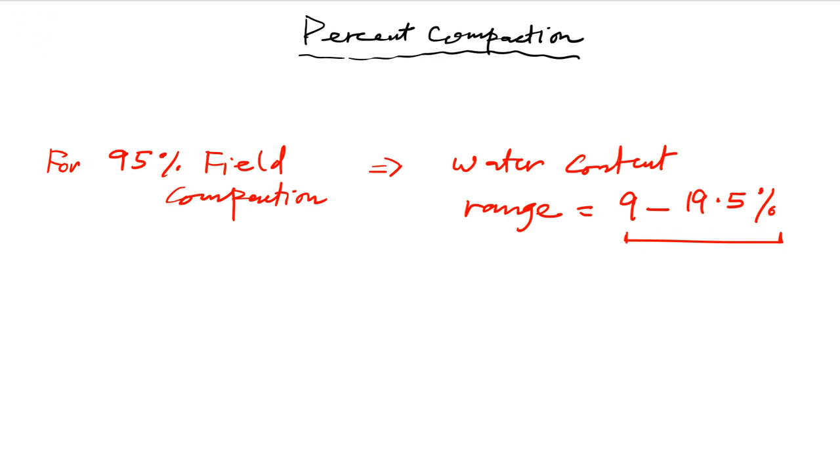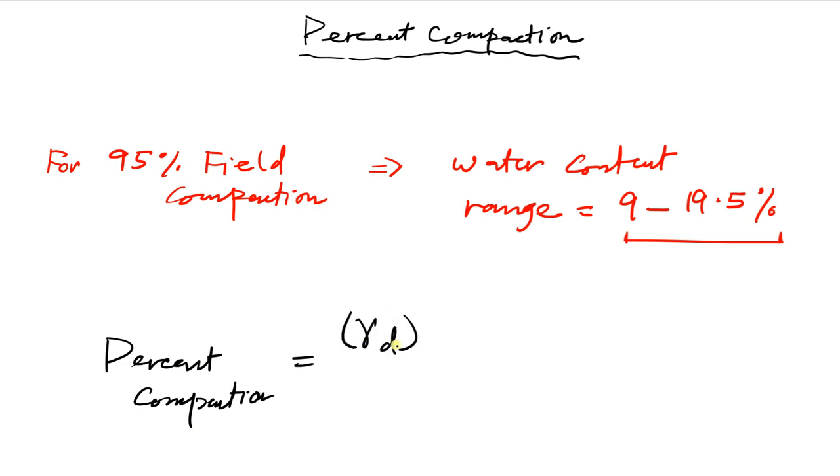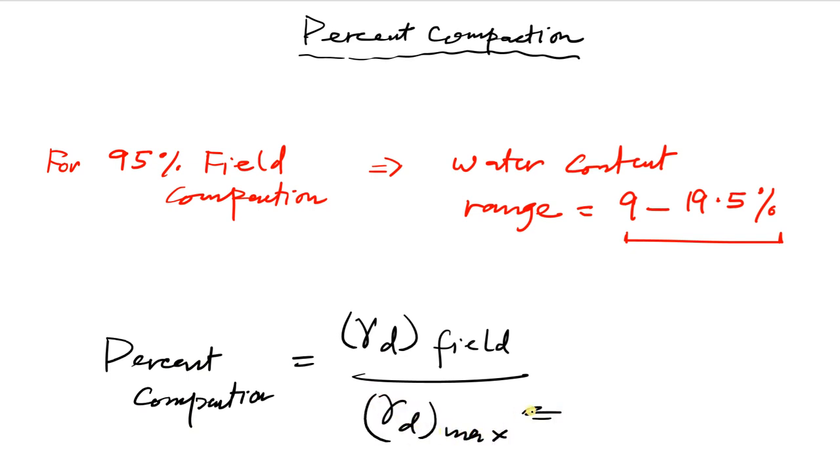So just remember, and this is very simple, that percent compaction is gamma d of field, what we attain in the field, and then gamma d maximum, what we attain in the lab. And this lab value is what we call our reference value.